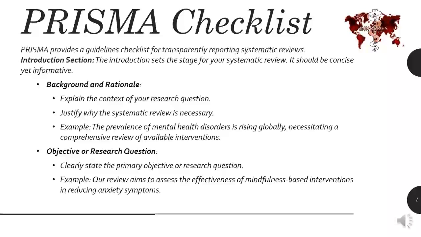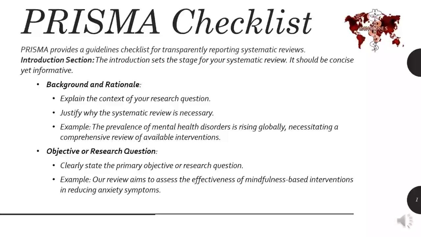Item 2 talks about the way the abstract should be reported. I won't go into much detail about this because there is a Prisma 2020 abstract checklist on its own. However, the abstract checklist largely follows this Prisma 27 item checklist.